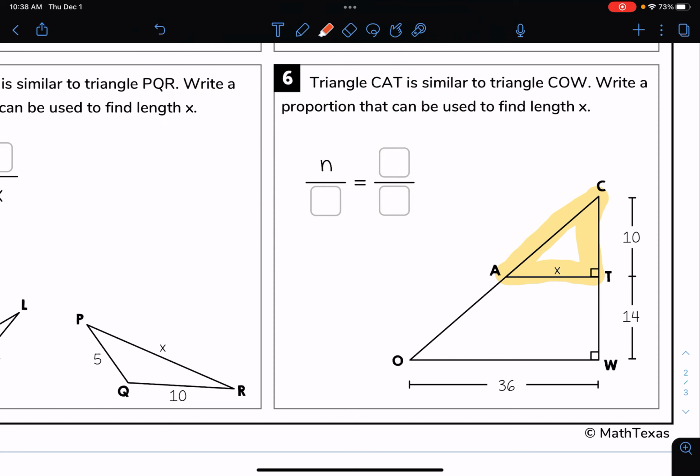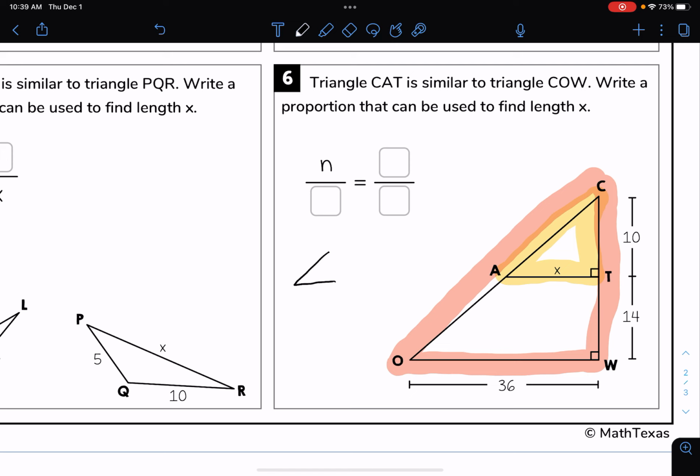So what triangle COW is, it's essentially the larger triangle. So if you see, I have one small triangle inside the other. So when we have shapes like this, it's always easier to redraw your shapes. So I'm going to go ahead and redraw triangle CAT and triangle COW. So this is triangle CAT and this is triangle COW.